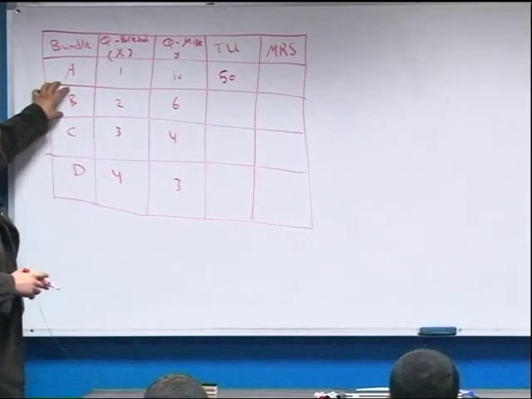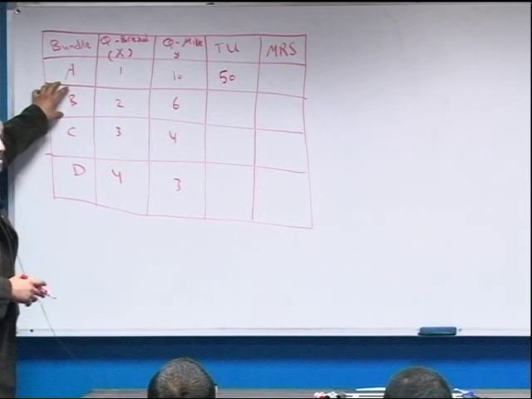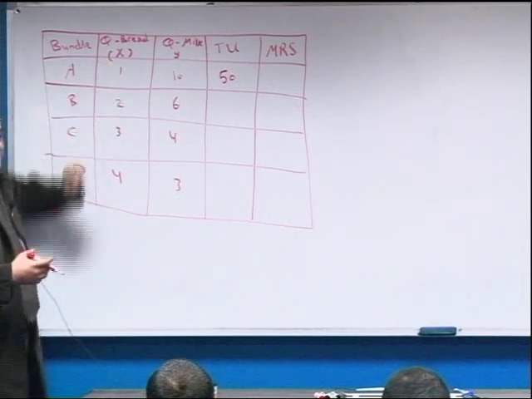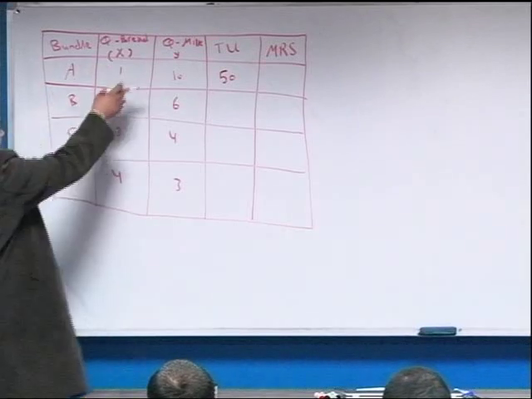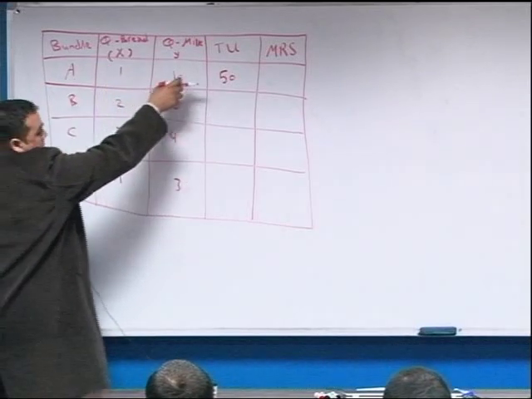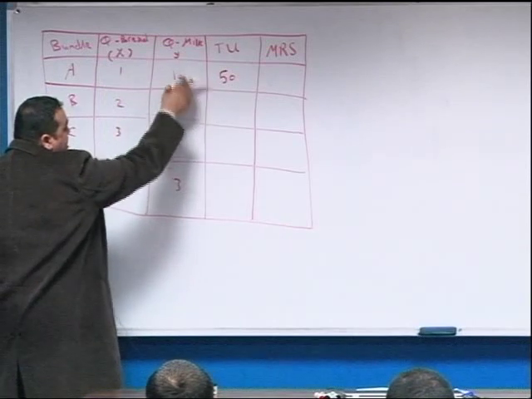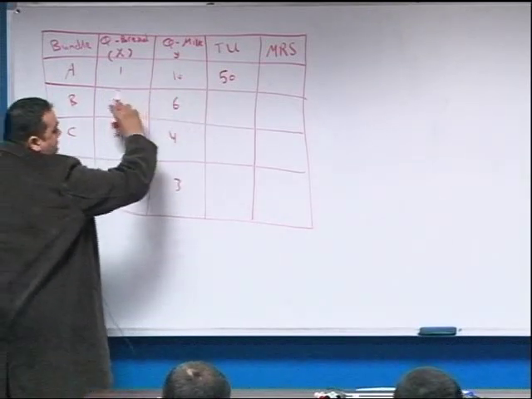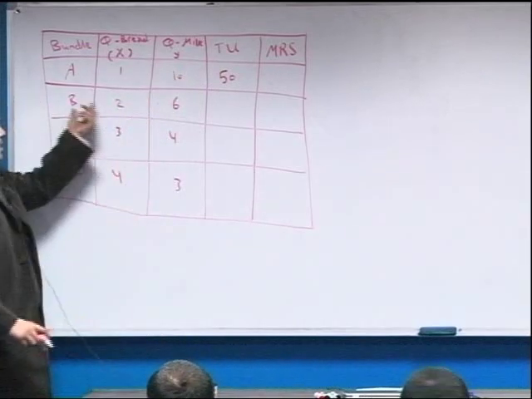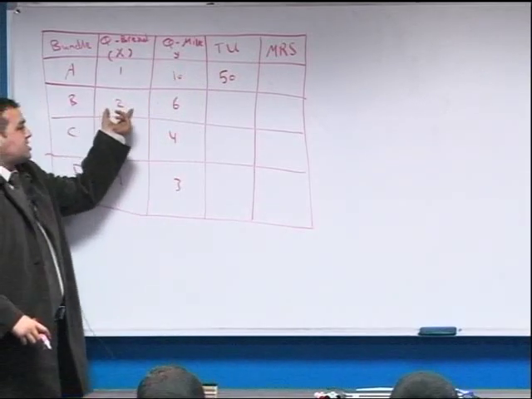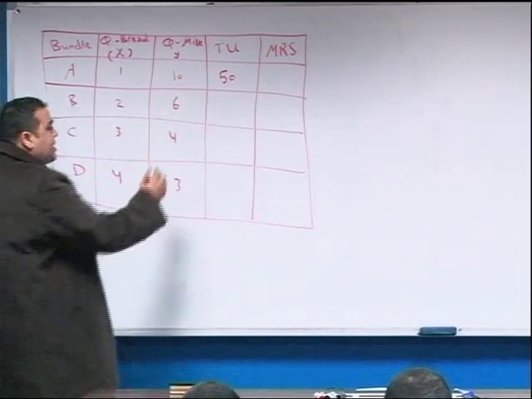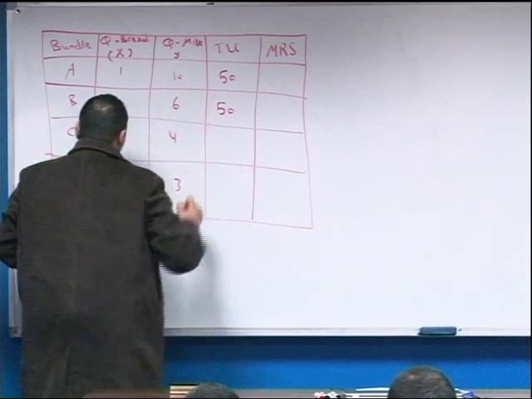In bundle B, the consumer decided to increase his consumption of X or bread by 1 unit, and he decreased his consumption of Y to 6, by 4 units. And suppose this bundle B, which is 2 units of X and 6 units of Y, gives him the same total utility, 50.